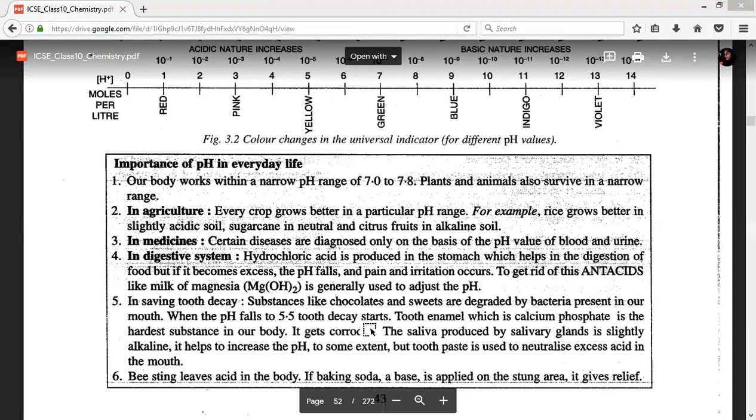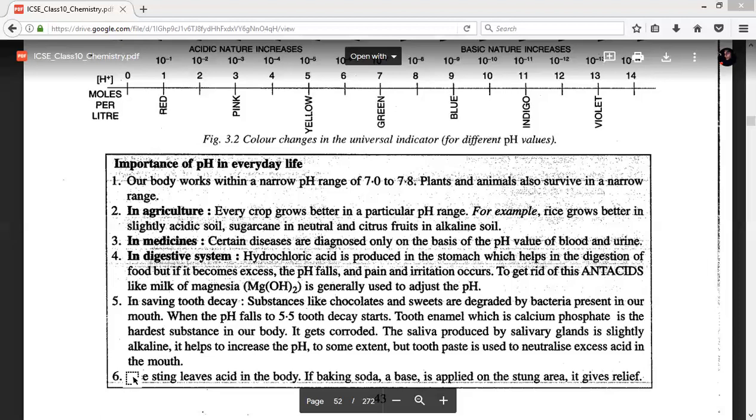And saliva, all of you know, is present in our mouth due to the salivary glands. It is alkaline in nature, meaning it maintains the pH of your mouth. And toothpaste, all of you, in the morning, the first thing we do is brush our teeth. Toothpaste, which is basic in nature, is used to neutralize excess acid in the mouth, and you feel fresh after that.